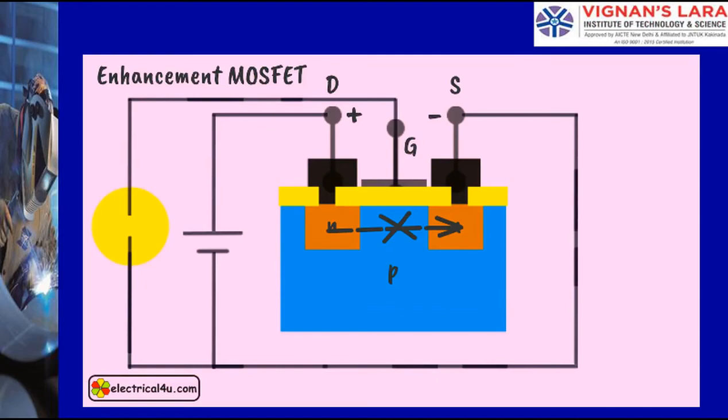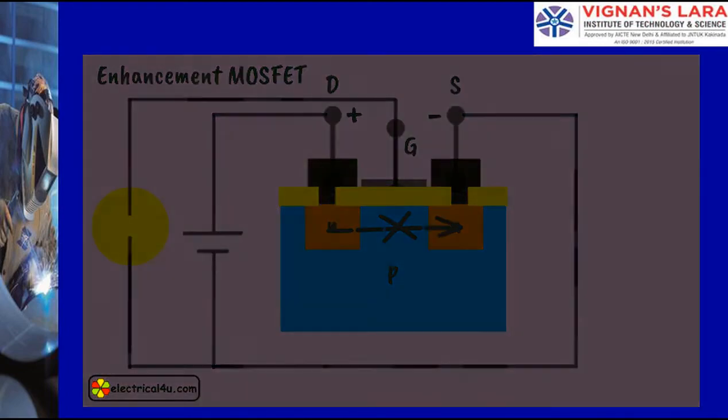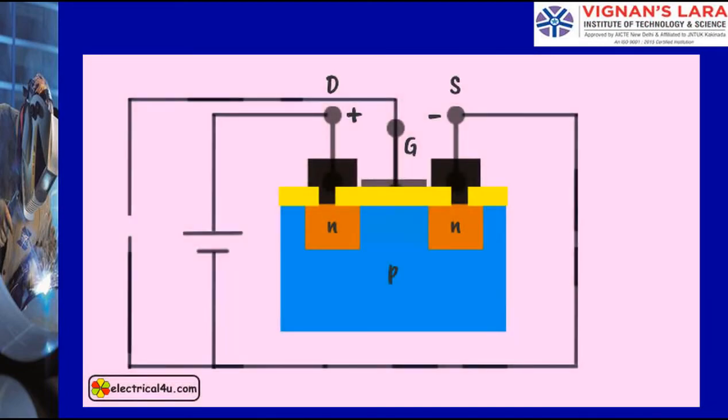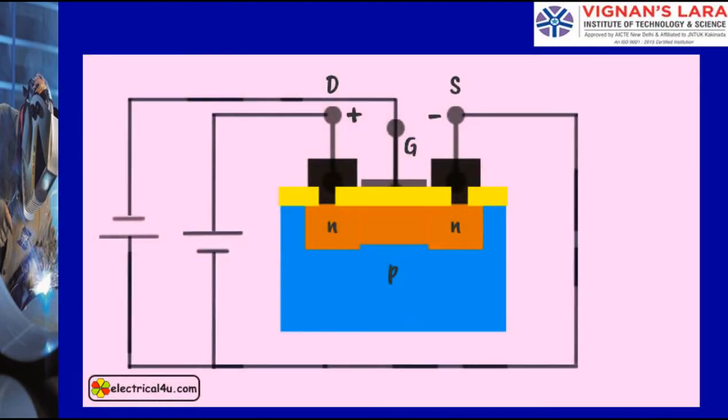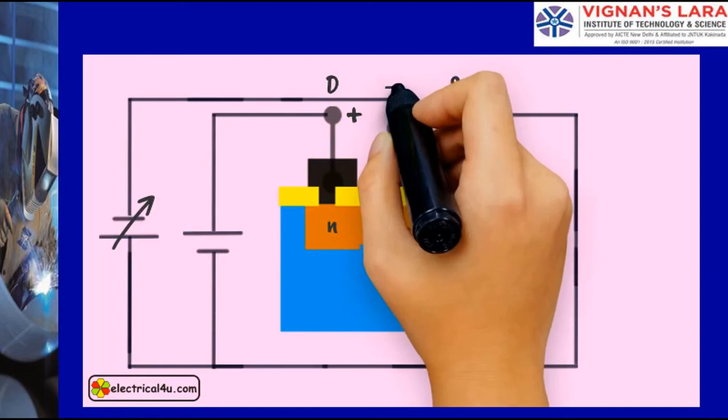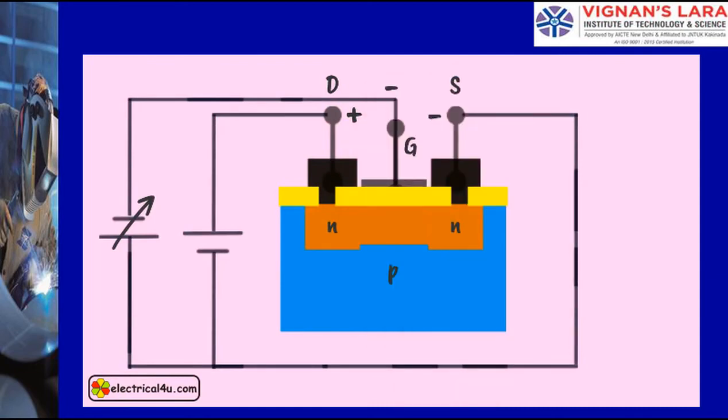due to minority carriers. But if there was a previously created N channel between drain and source, there would be a current through the channel due to the applied voltage between the drain and source, even at zero gate voltage. In this case, the drain to source current can be made zero only when sufficient negative voltage is applied at the gate terminal.